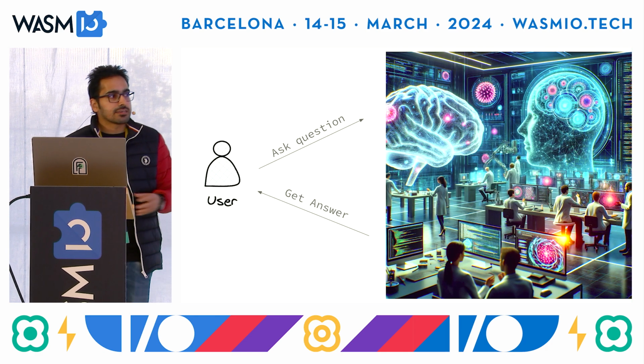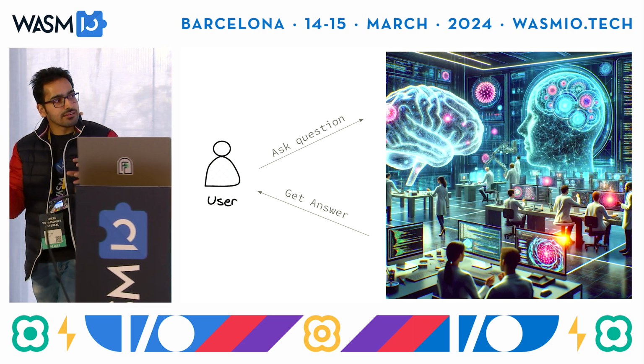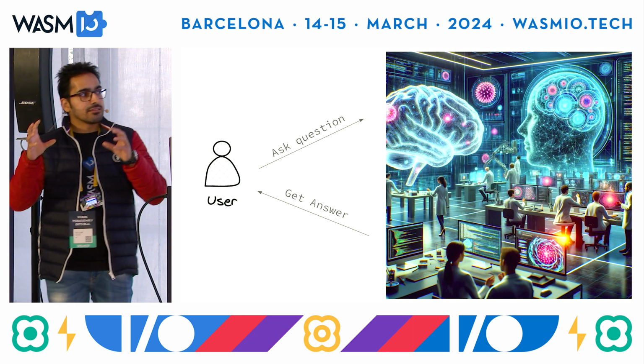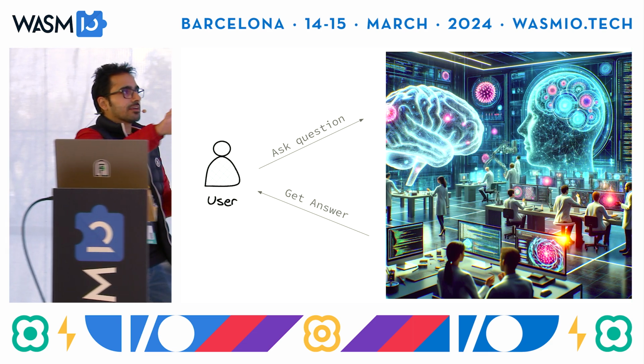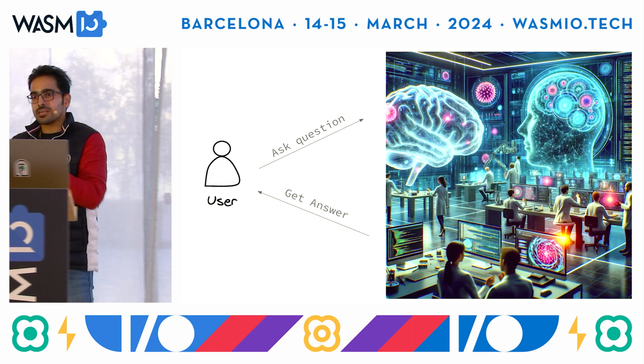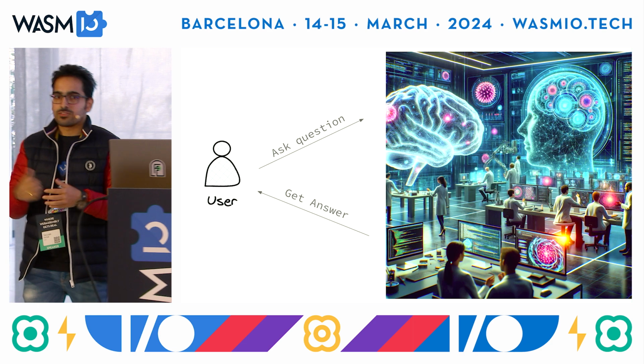So think of it as the big brain of the internet, a small chunk of the internet put in a brain, and you are asking that brain the question and getting the answer out of it.